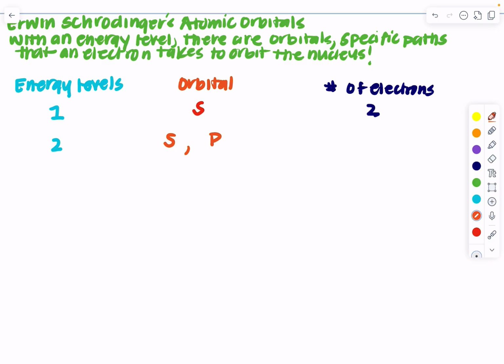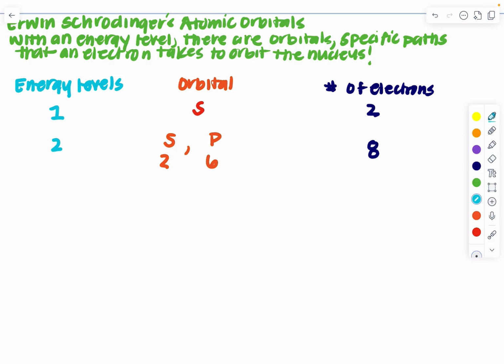In the s orbital, we can fit 2 electrons. In the p orbital, we can fit 6 electrons. So that gives us a total of 8. Again, same idea. Now we're in fixed paths. We're not just in the energy level. Within the energy level, there are specific paths that the electrons are taking.